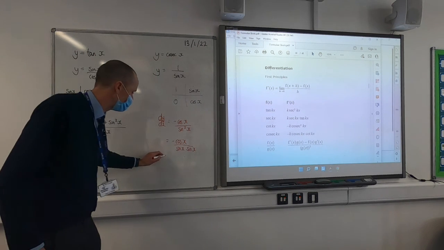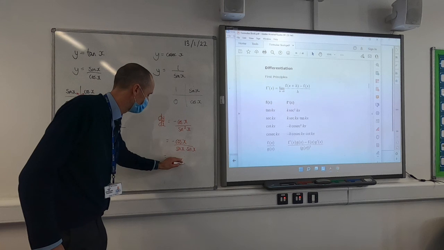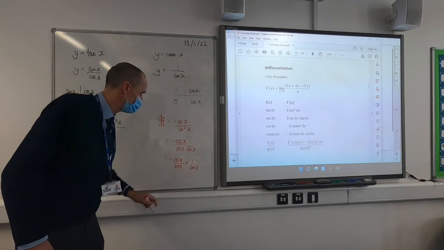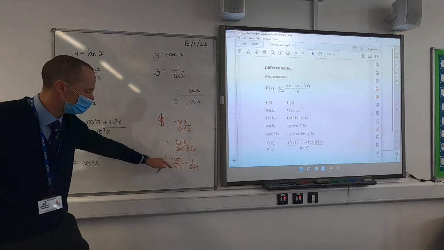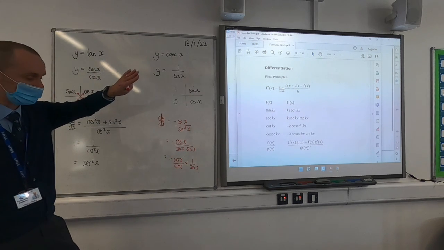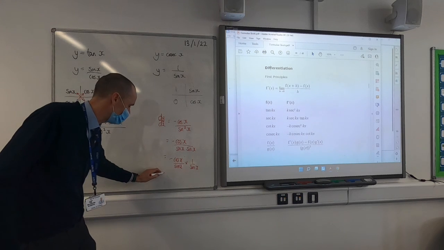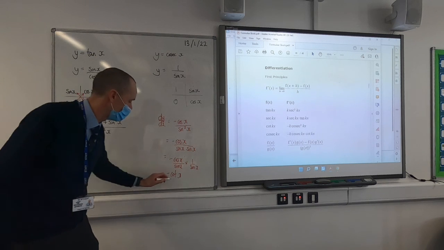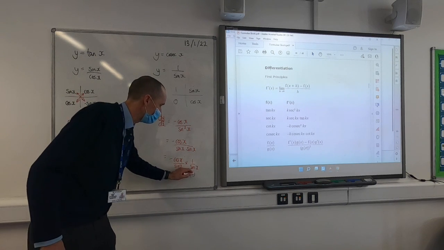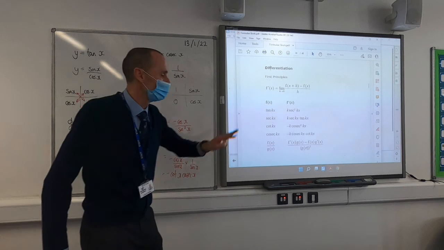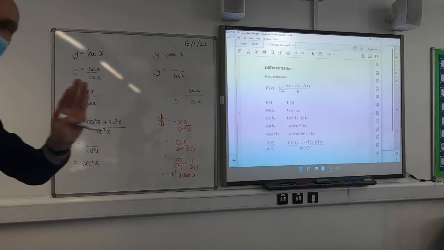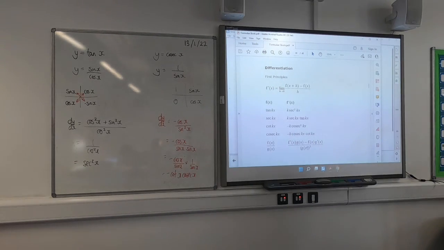And then I can split that up as minus, well, tan is sine over cos, so that's cos over sine, so that's minus cot x multiplied by 1 over sine, which is cosec x, which is what we're told. We don't need to remember that, but the point is that you can use the quotient rule with things that don't immediately look like quotients, which is quite a neat trick.